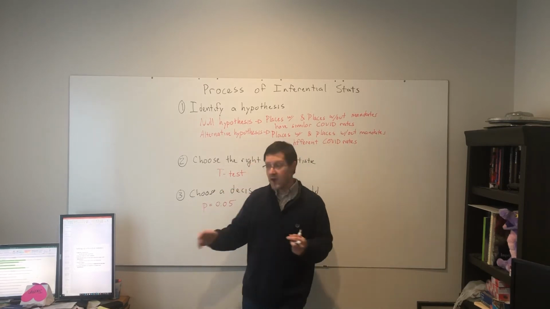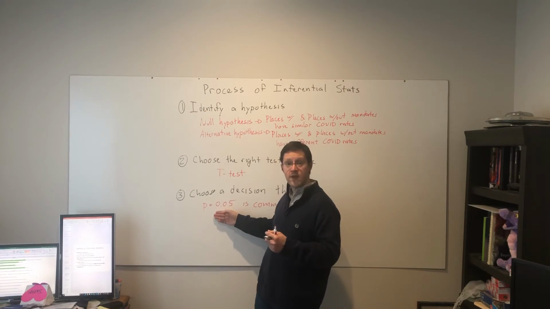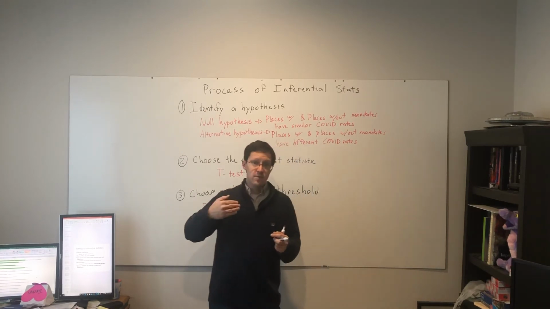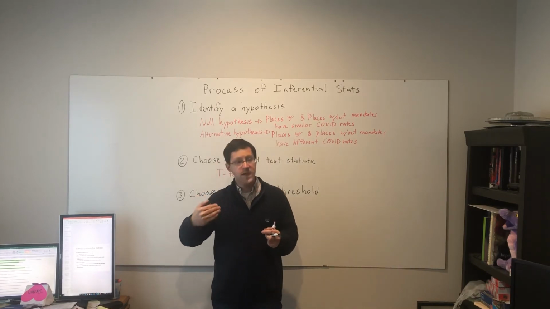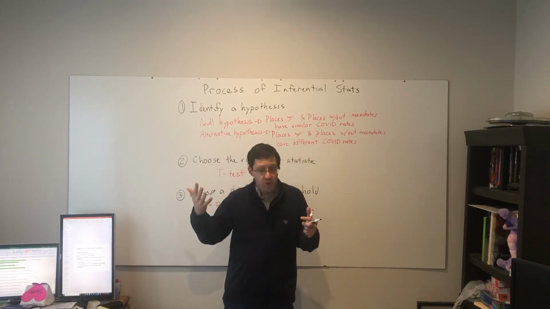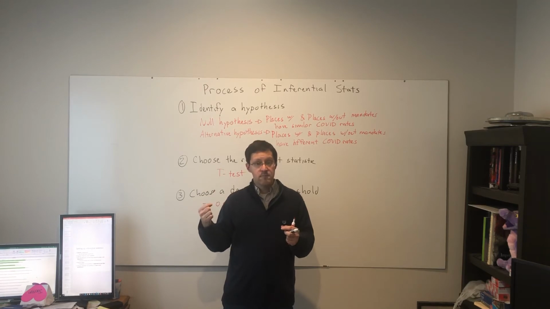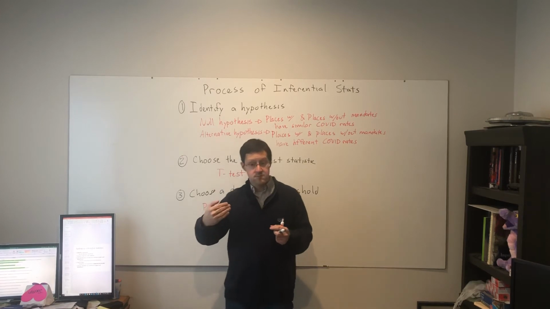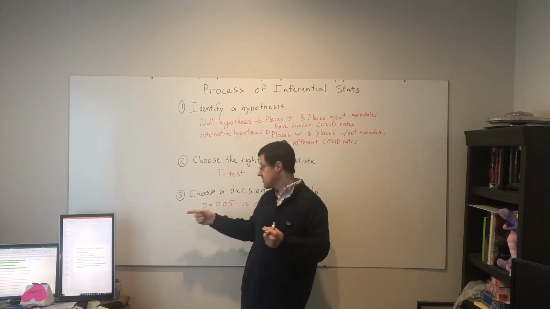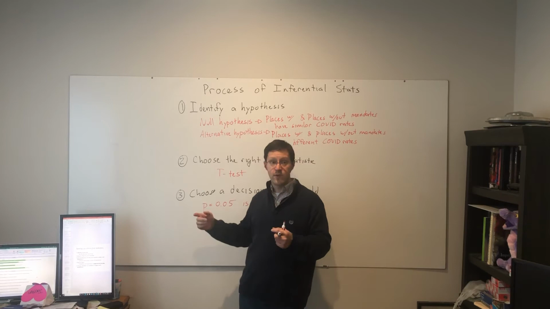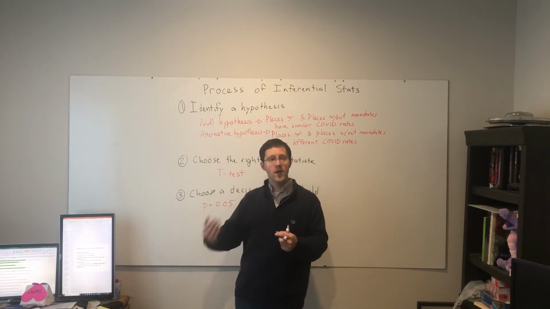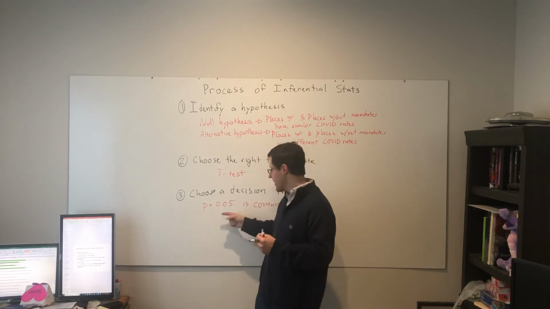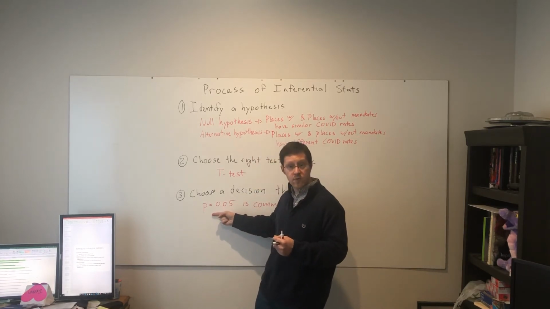So we might have a higher threshold, 0.1 or even higher, because when implementing a mask mandate, the cost of that being wrong, probably not that high. On the other hand, if there is a major cost, and in the COVID situation, there's probably a bigger cost if you're telling people the vaccine works and it doesn't. So they might have a much stricter threshold.